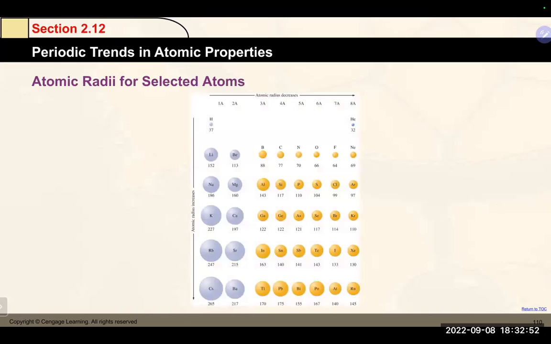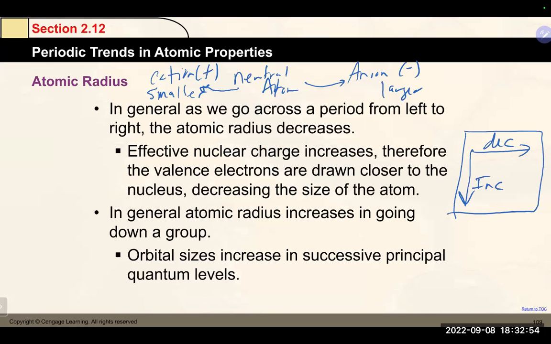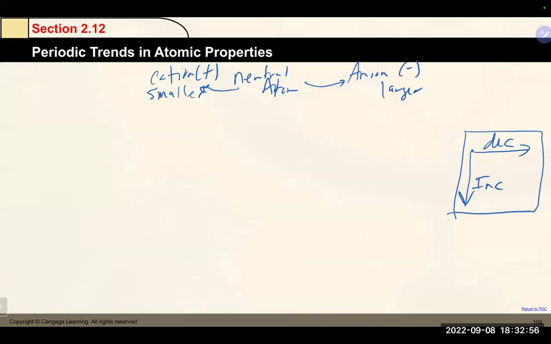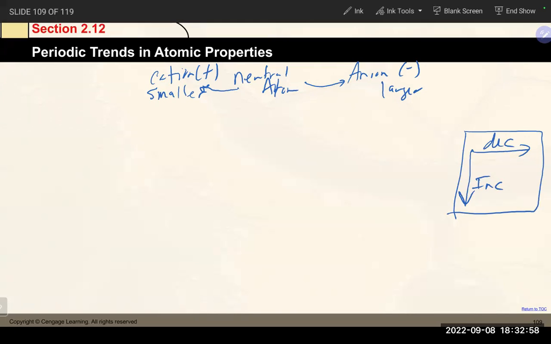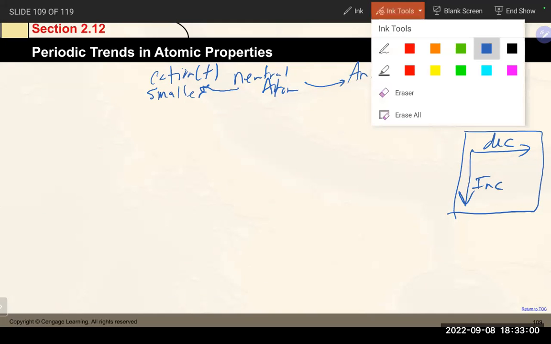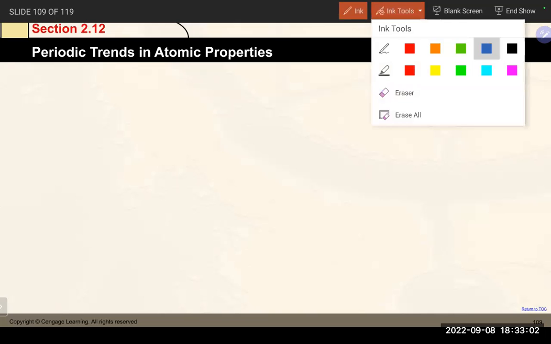So another important periodic trend that we're going to add is electronegativity. And electronegativity really is in chapter 3. So this is the only thing from chapter 3 that you need to know: what electronegativity is and how it relates to the periodic trend.